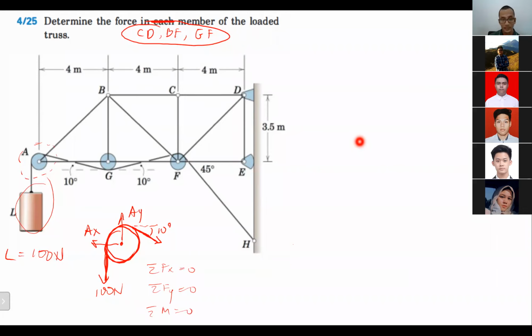Using sigma moment at A, we will get T equal to 100 Newton, because sigma moment at A is 100 Newton multiplied by R minus T multiplied by R equal to 0. Anyone having problem?